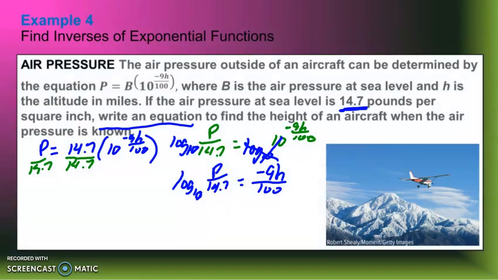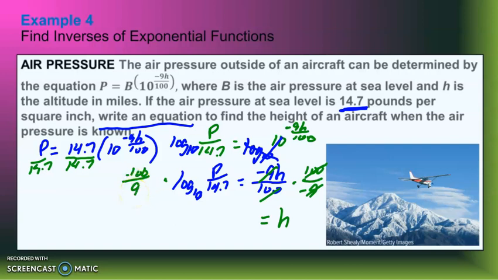Now my final step is to get h by itself. So I would multiply by the reciprocal, which would be 100 all over negative 9. That leaves me with h on this side equals, whatever I do on one side, I have to do the same thing on the other. So this would be 100 all over 9.